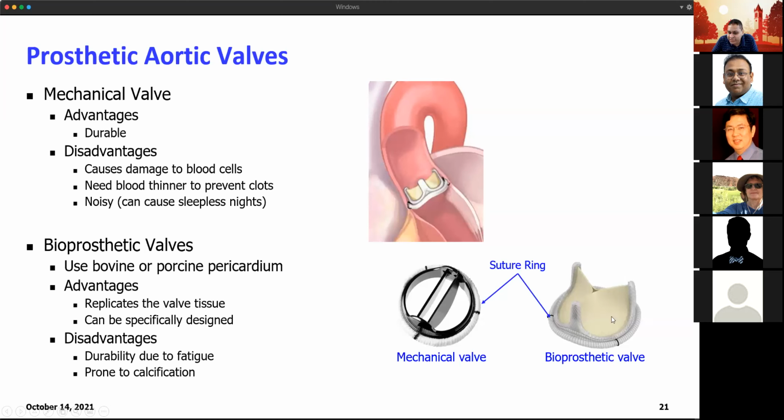So these are actual tissues that have been treated and also stretched and sutured onto the stent itself. And the advantage of this is that you can design this valve, so you can adjust the geometry of the valve itself so that it matches well, or it opens and closes well.